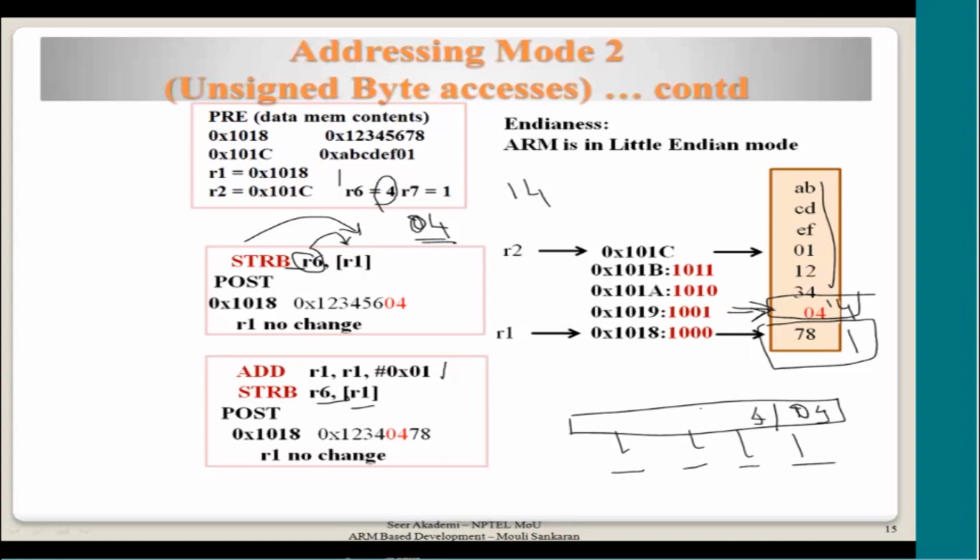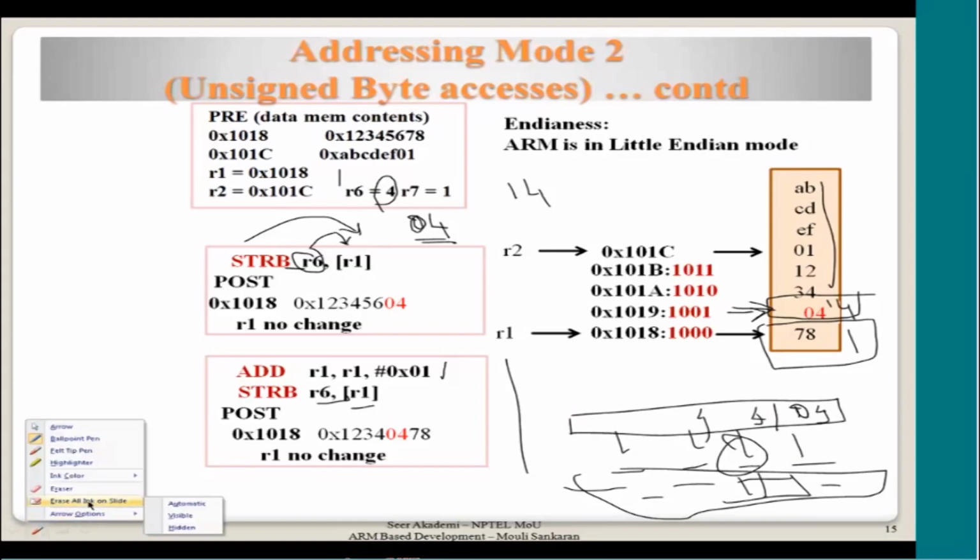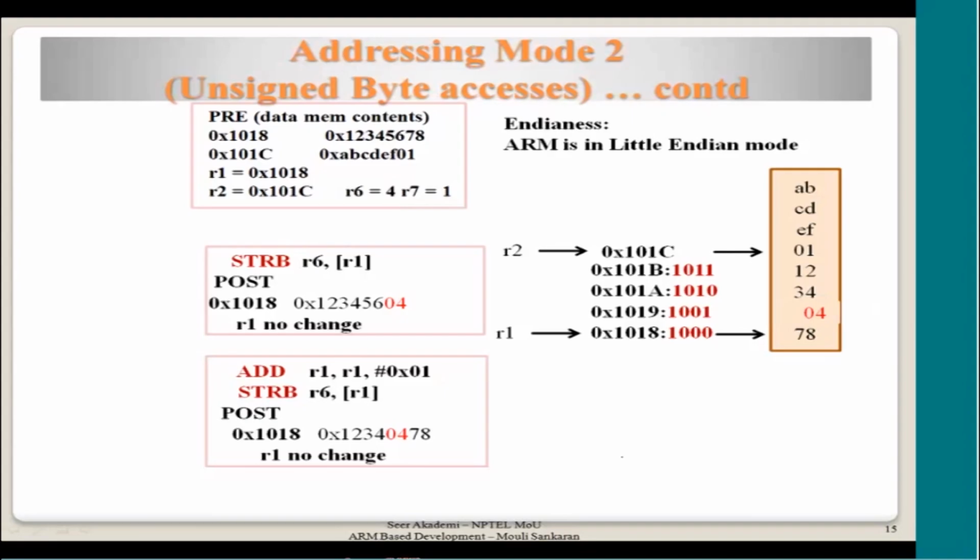This is only used by the memory to extract one of the values and then write into the relevant byte. So it will not write in all the places. So only that location will get modified. I want you to try this out so that you understand what is happening with the byte access. Okay, got it? So I have given examples for load byte as well as store byte.